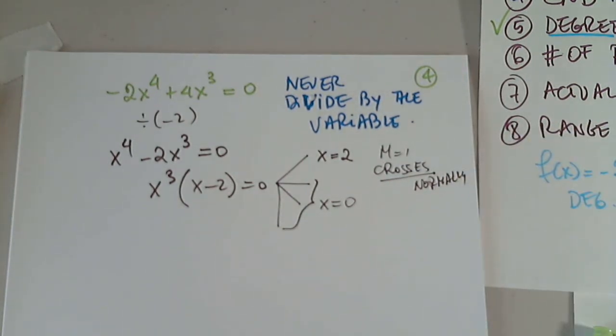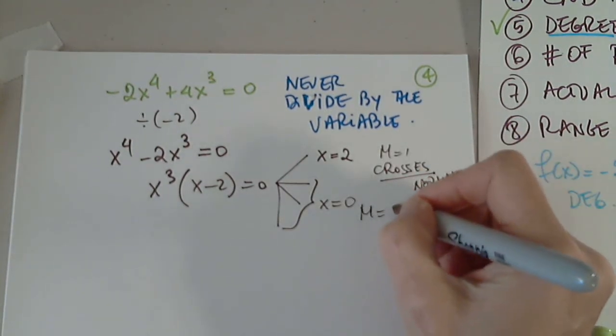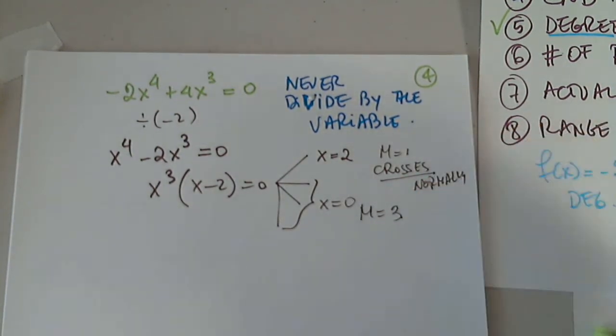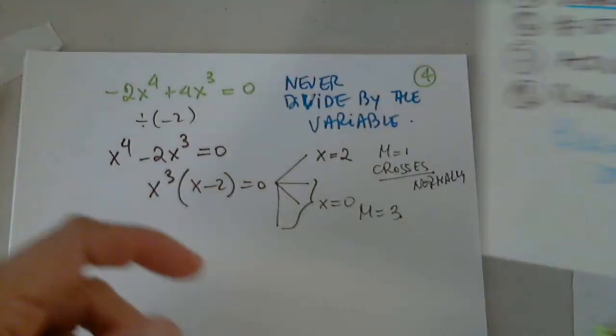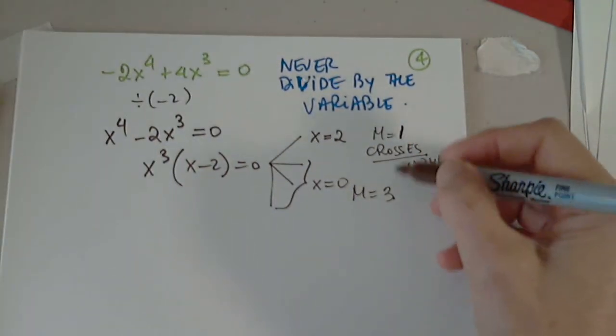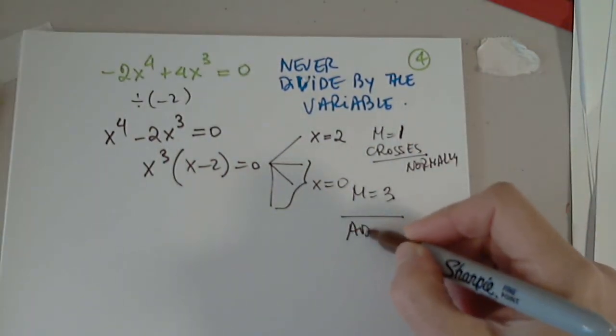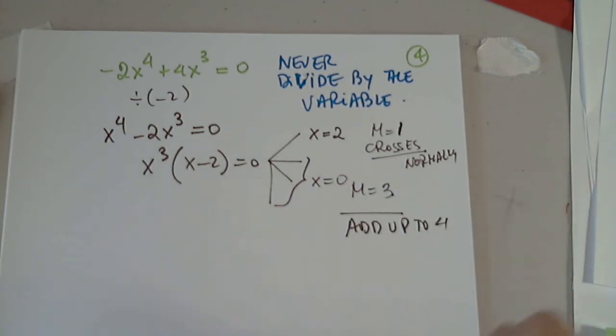At that x-intercept, it crosses normally. Good. Next one. 2. Careful. 3. Yes. Because 1 plus 3 must equal the degree. If the degree is 4, make sure that the multiplicities all add up to 4. If they don't add up to 4, something is wrong somewhere.